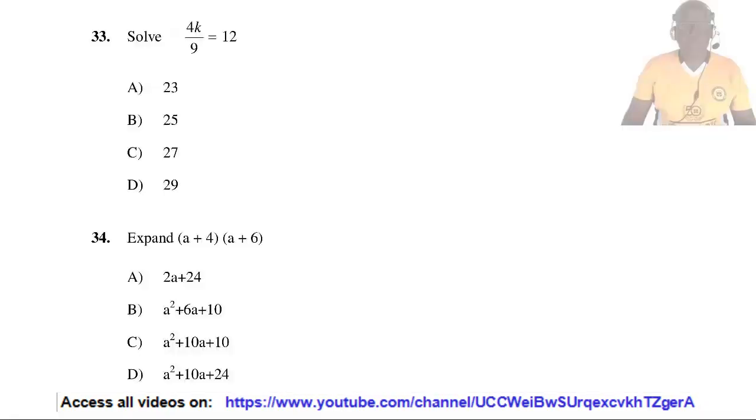Question 33. Solve 4K divided by 9 equals 12. This is equivalent to 4K divided by 9 equals 12 divided by 1. We shall cross multiply. That is, we shall multiply 4K by 1 and equate to 9 multiplied by 12.